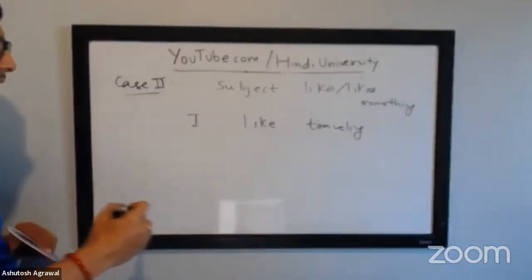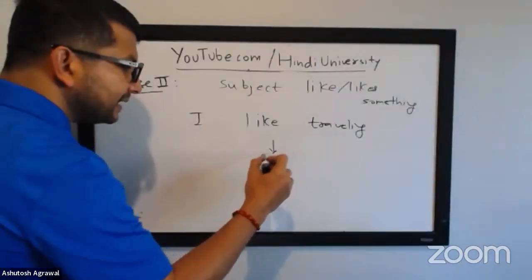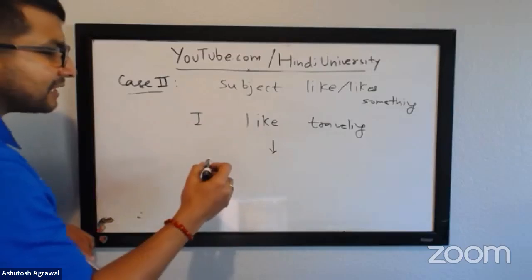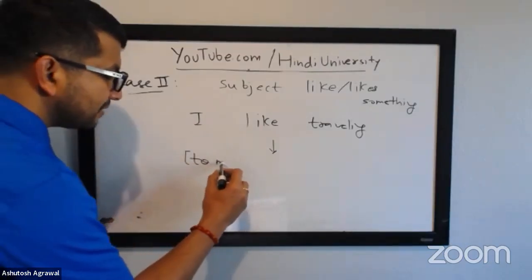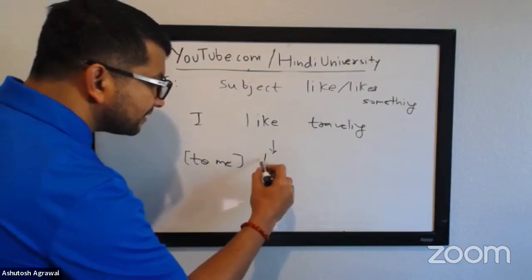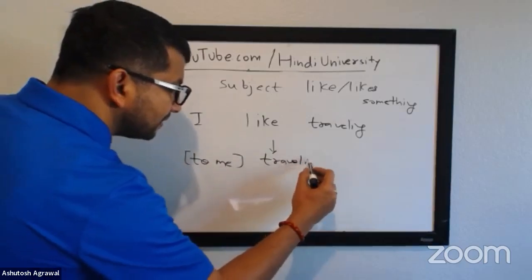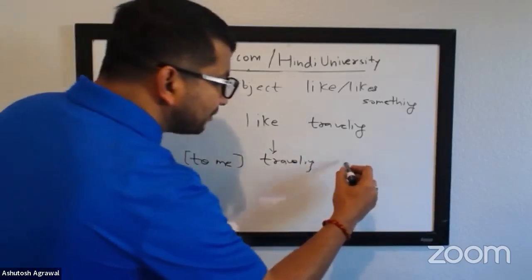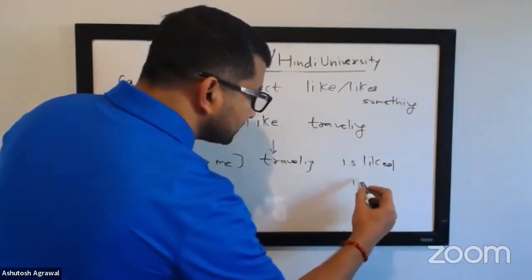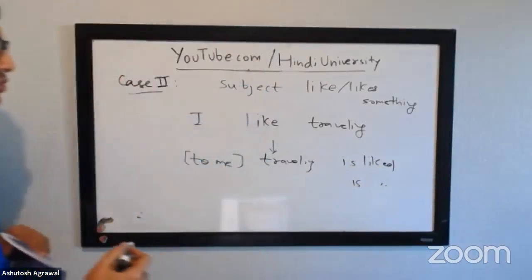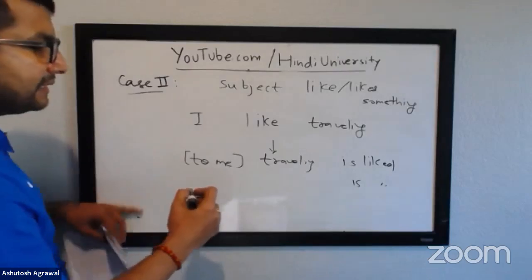Okay, in Hindi, basically, the literal translation of that is basically to me, traveling, it's liked or is pleasing, basically. It's liked or it's something that you enjoy. That's how it gets translated.